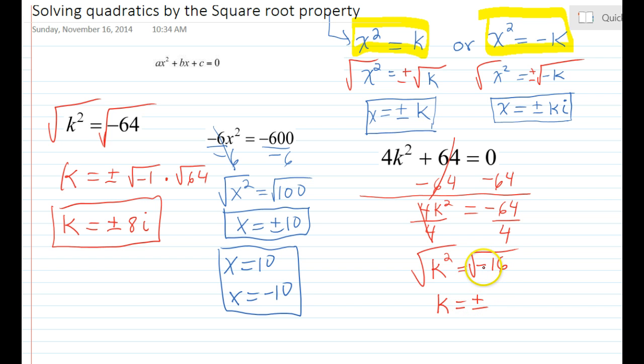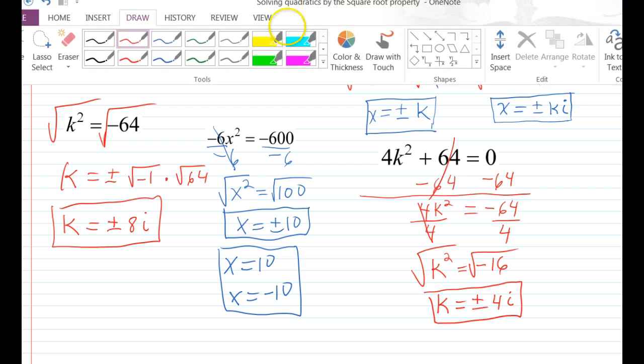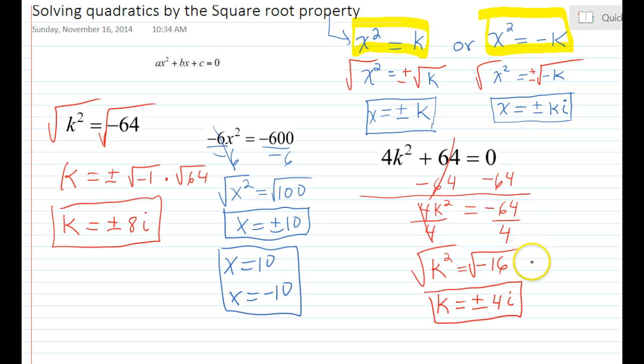Now remember i. I'm going to have to write it. So you can see what I did, I did this part. Okay, so this square root of negative 1 is really my i, and the square root of 16 is 4.